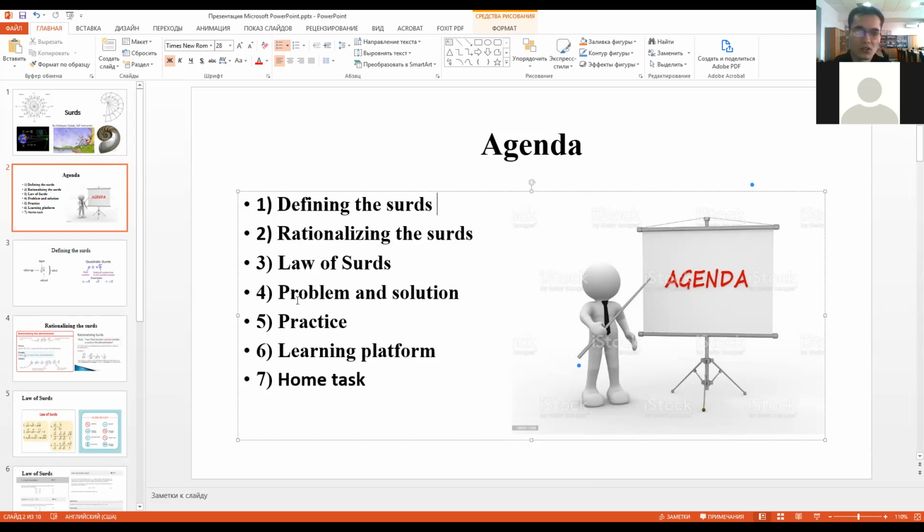Then the fourth step, we will analyze a simple problem and its solution. You will learn the techniques of solving problems. Then we will do some practice. I will give you a few surd problems, and you will apply what you learned during this presentation to these problems. And I will suggest a learning platform on the sixth step. After that, I will assign you a home task.